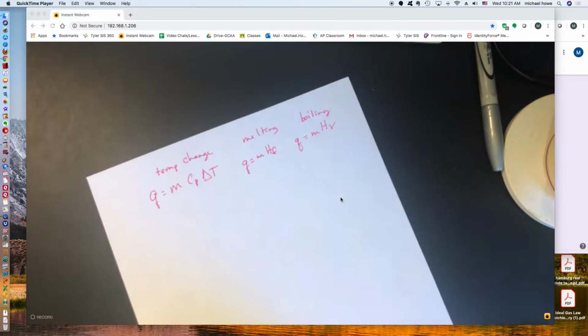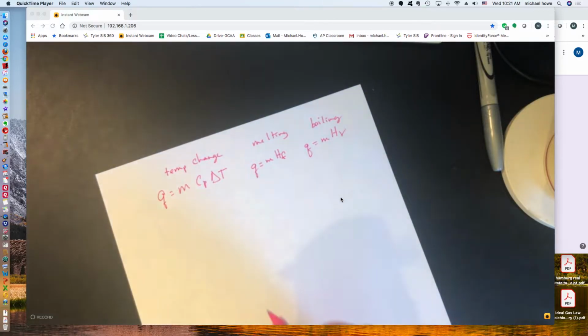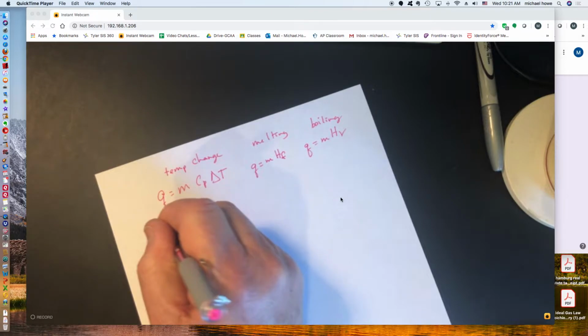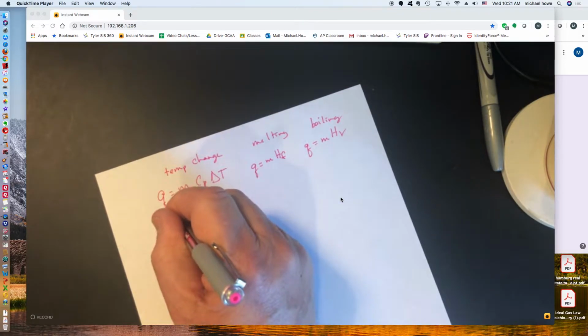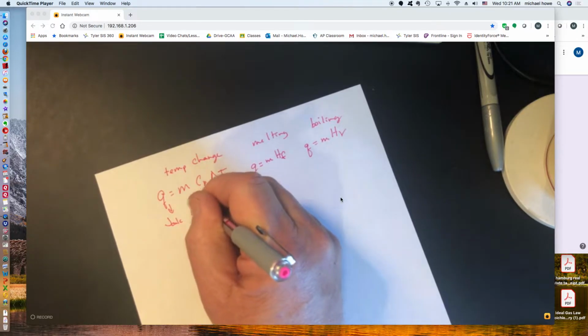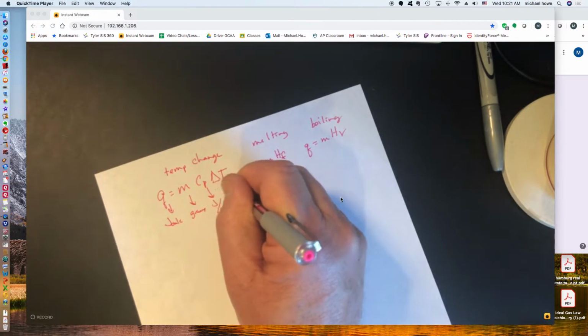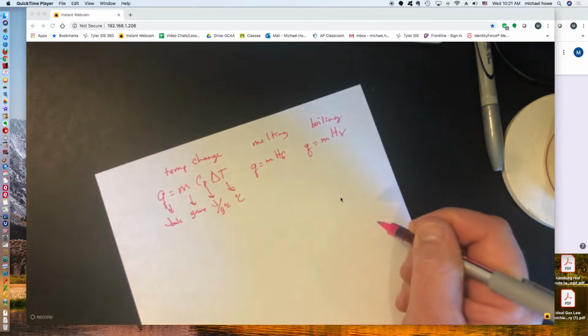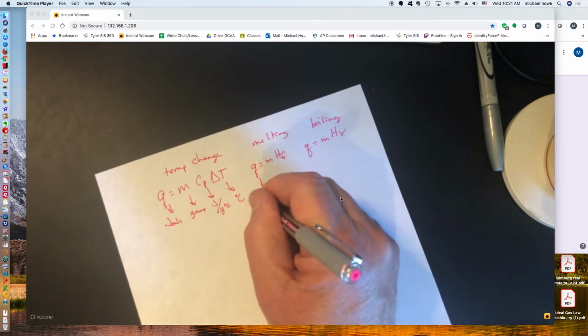So when you're looking at the problems, you're going to be looking for certain key units. The Q is measured in joules. M is measured in grams. Cp is measured in joules per gram degree C. Delta T will be in degrees C. In this formula, Q is joules.